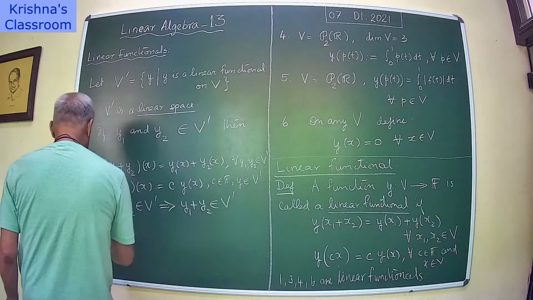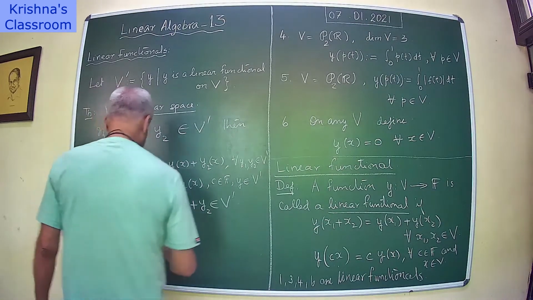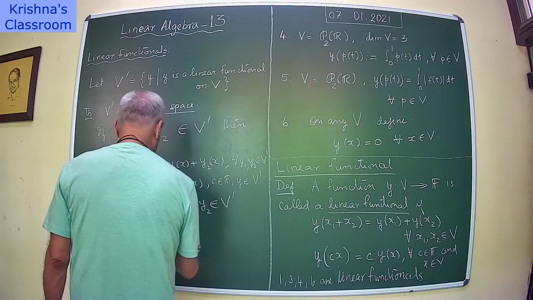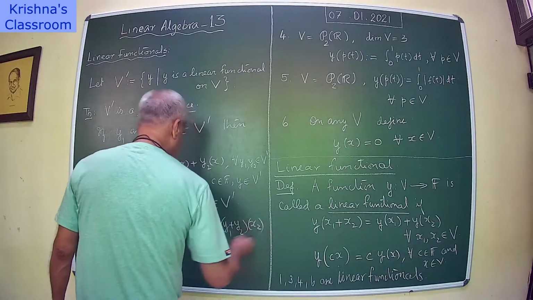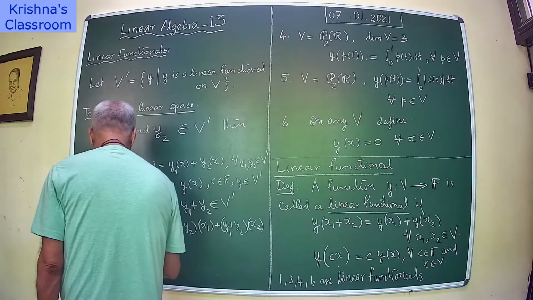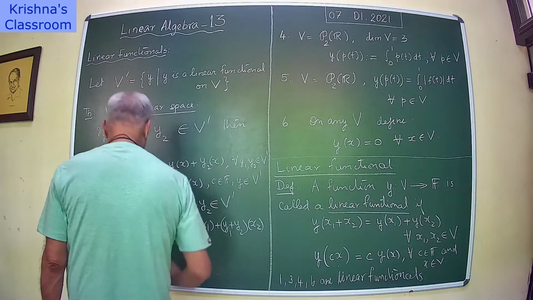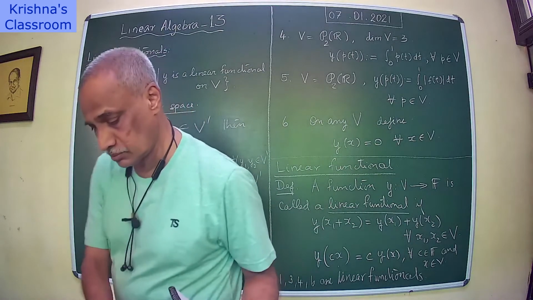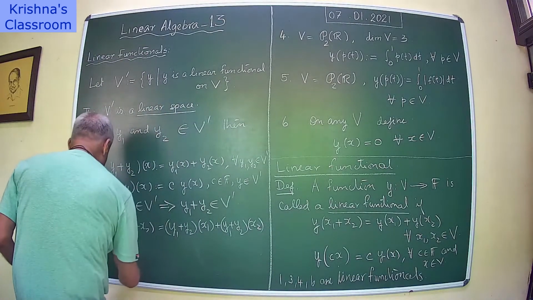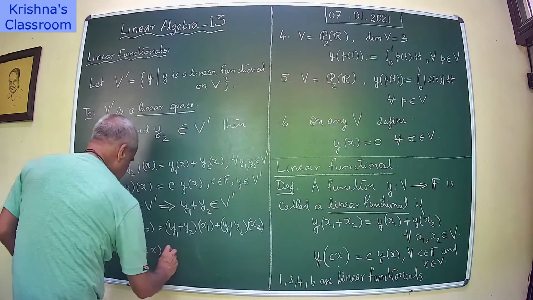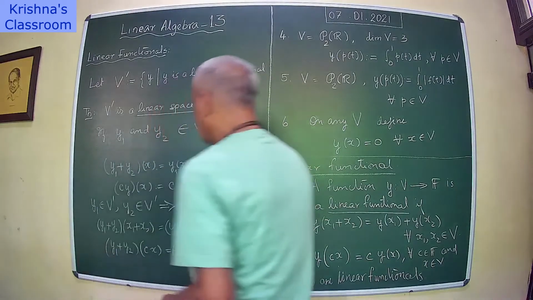We have to prove this: y1 plus y2 of x1 plus x2 equal to y1 plus y2 of x1 plus y1 plus y2 of x2, and c times y1 plus y2 of x. This is what you have to verify.